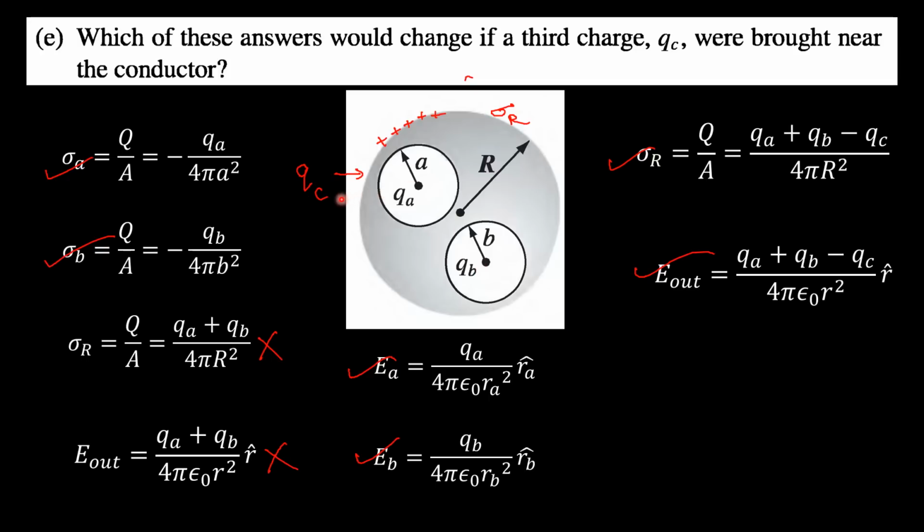Qc has no effect other than on the outer surface of the sphere. So it will affect only part of part a, that is sigma R, and part b, the electric field outside. Other than that, everything else remains the same.